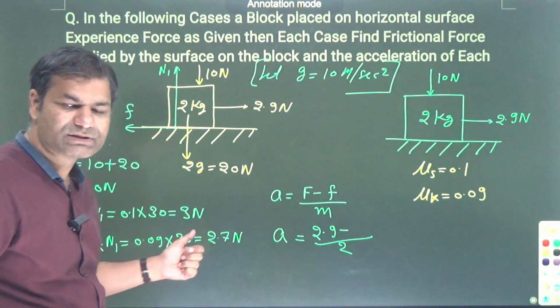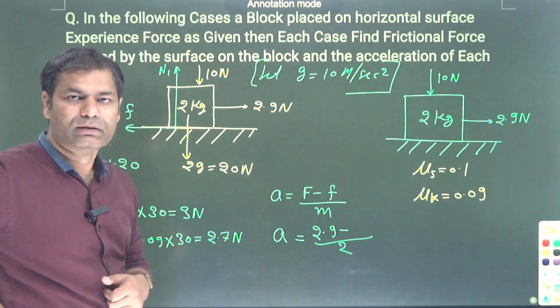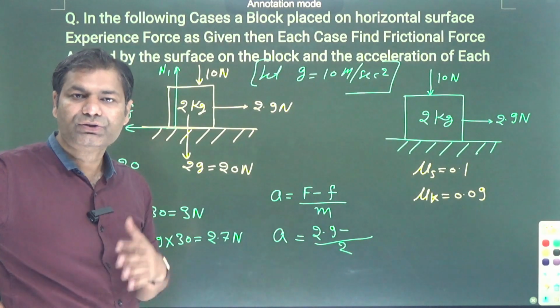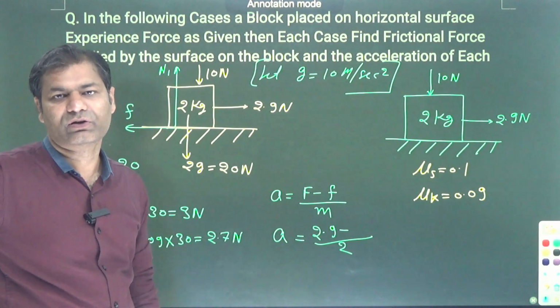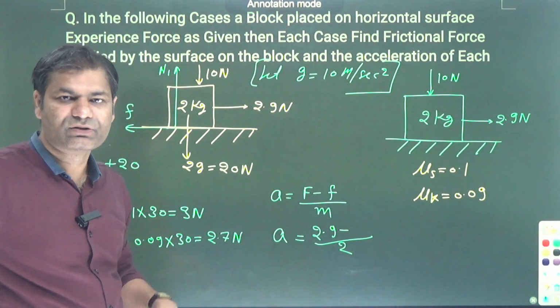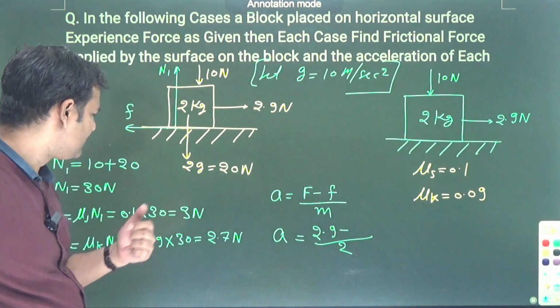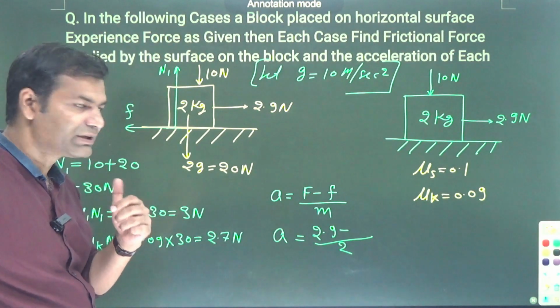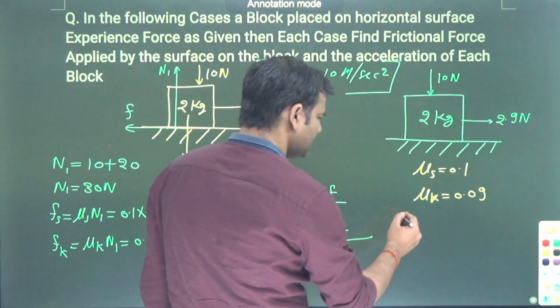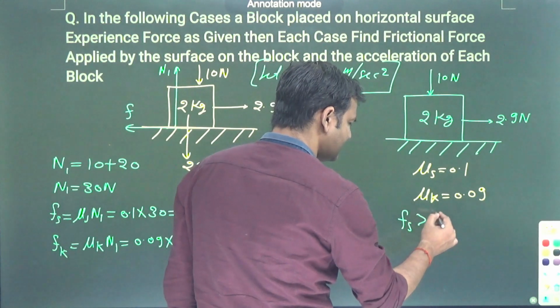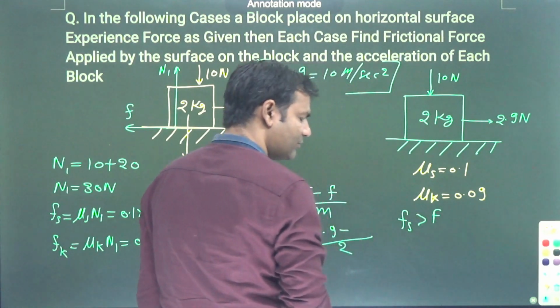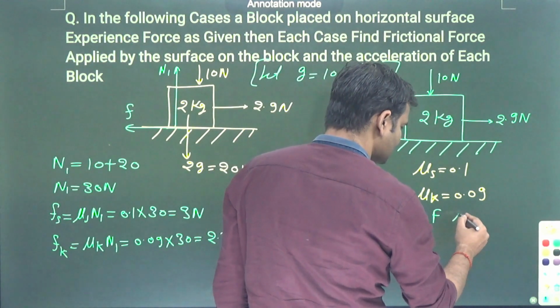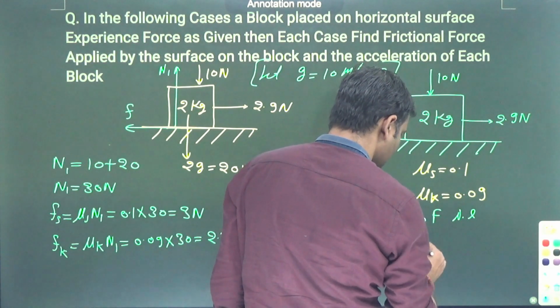No. Static friction is 3 Newton, and this one is 2.9. So is this block moving or not? No, this block is not moving. Why? Because the applied force is not greater than static friction. The static friction Fs is greater than the applied force F. So that is no motion.